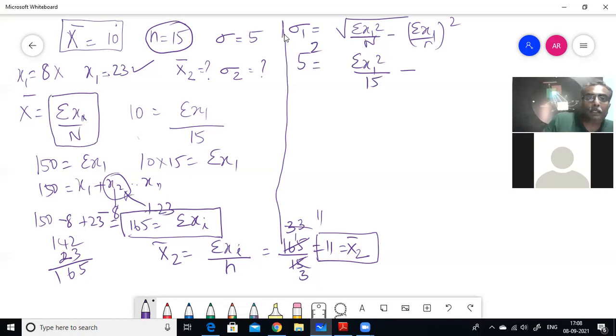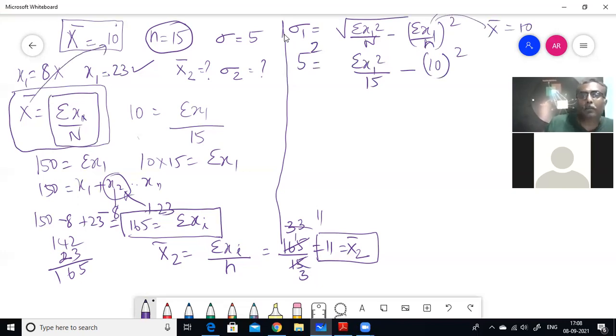Sigma xi by n is equal to x bar, that is equal to 10. You understand? Yes, sir. So therefore I'm putting minus 10 squared. 25 is equal to sigma xi squared by 15 minus 100.